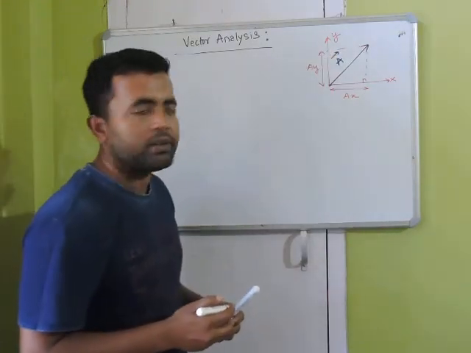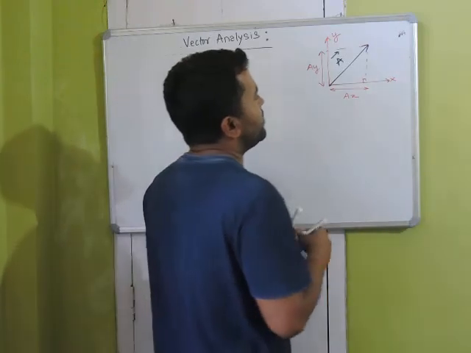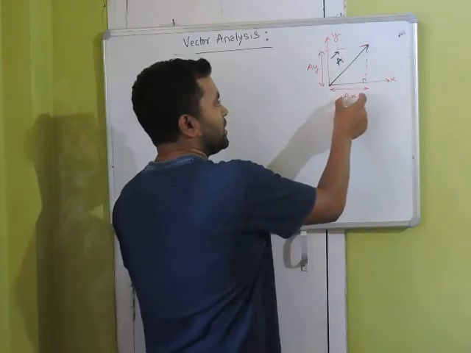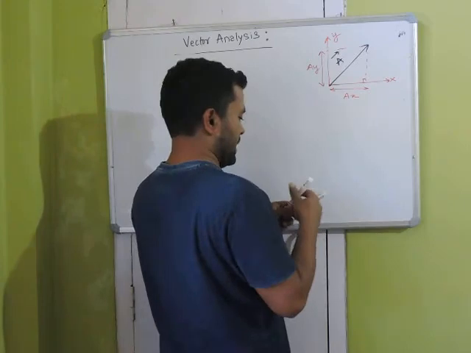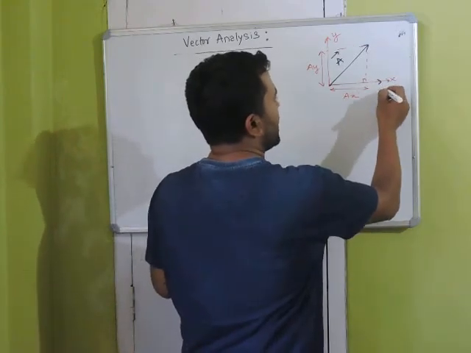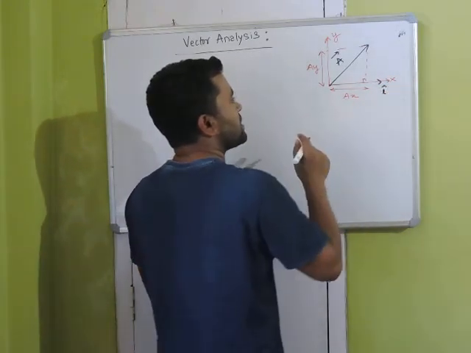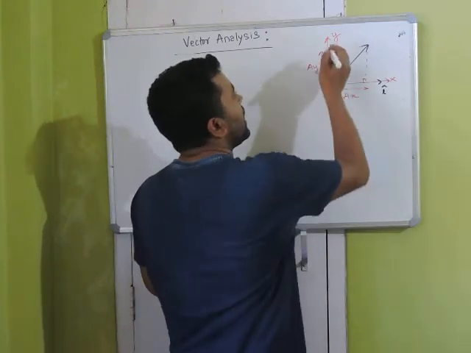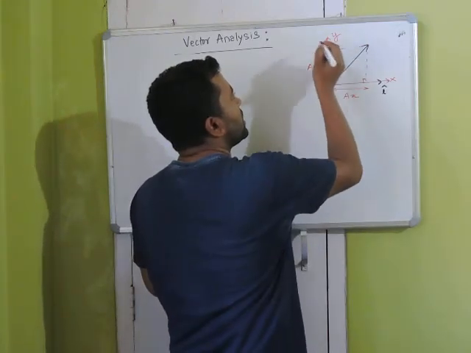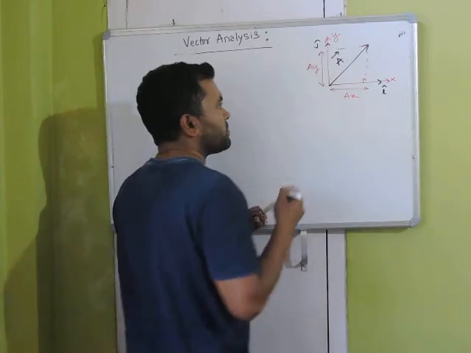This is not a vector. So if I have to make this component into a vector, I have to multiply with a unit vector i cap. The unit vector along x is i cap and the unit vector along y is j cap.